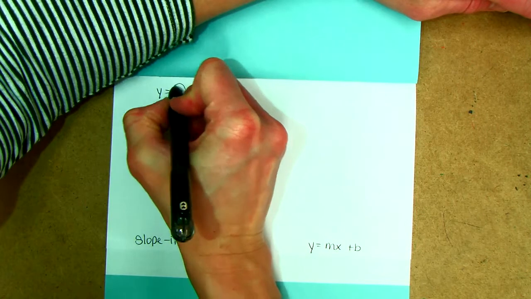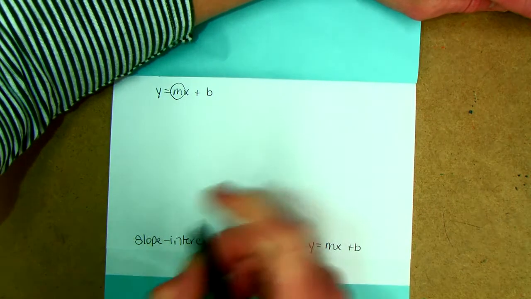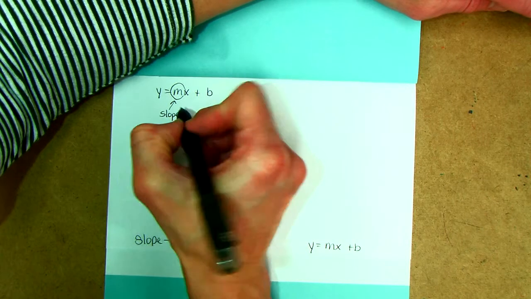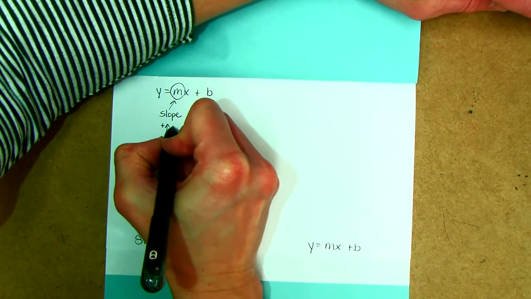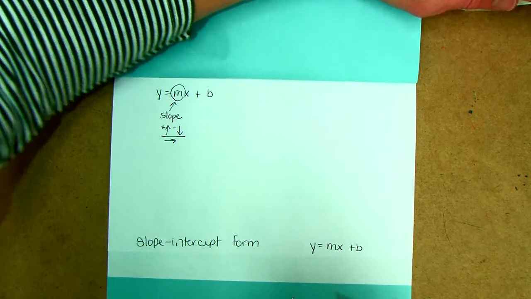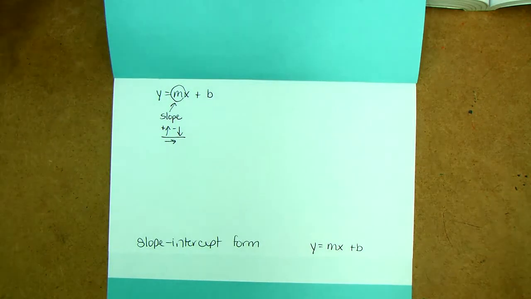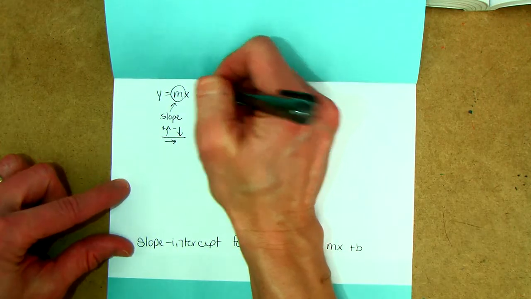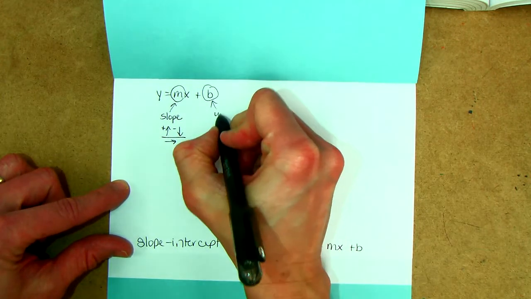It is how much you go up or how much you go down and how many you go to the right. If it's a whole number, we're going to make it a fraction by putting it over 1. And then the other number, the constant all by itself, that's our y-intercept. And this, ladies and gentlemen, is where you start.